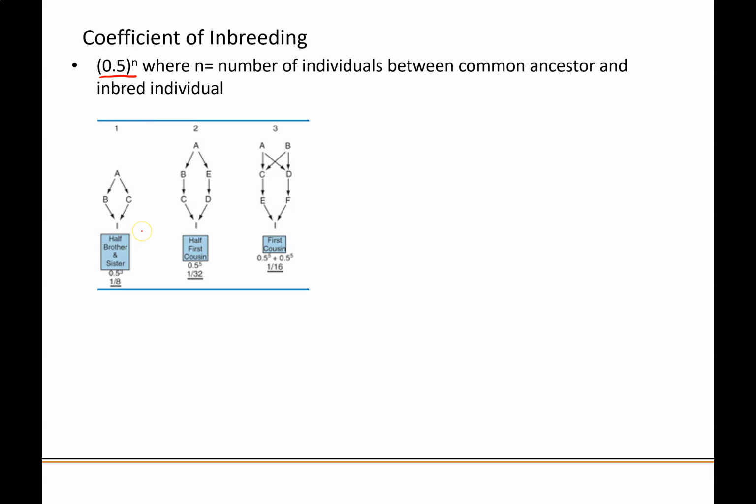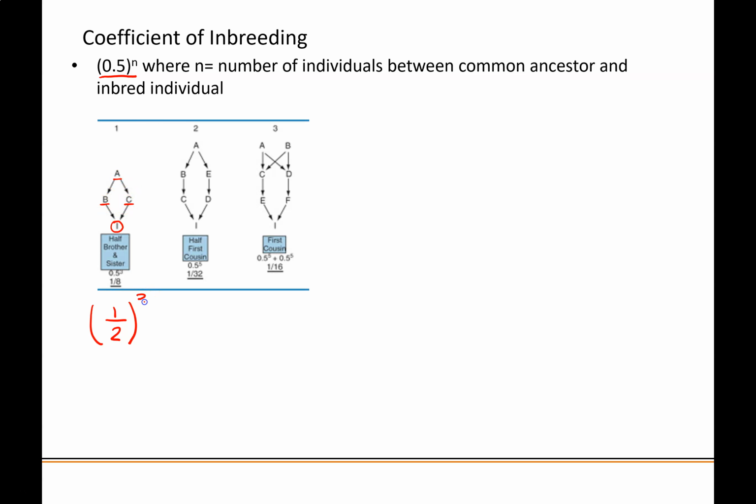So question 1 shows half brother and sister. So this means that if this was mom, one of the children had one dad, one of the children had another dad. So if we look at the number of individuals linking the offspring and the common ancestor, we have 1, 2, 3.